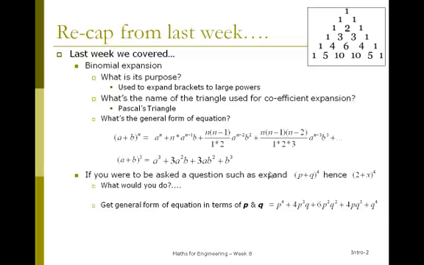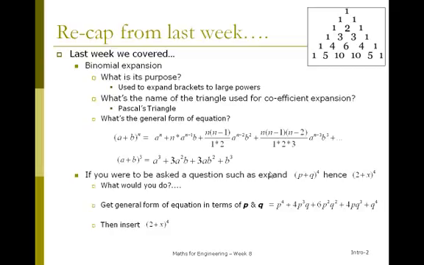That would give you p to the power of 4 plus 4 p cubed q plus 6 p squared q squared plus 4 p q cubed plus q to the power of 4. Once again, if you're wondering where we got those coefficients from, if you look at Pascal's triangle, on the fifth row down you have 1, 4, 6, 4 and 1. If you're unsure about building up Pascal's triangle and how you get each one of the levels, refer to last week's notes where we went through how those coefficients are calculated.